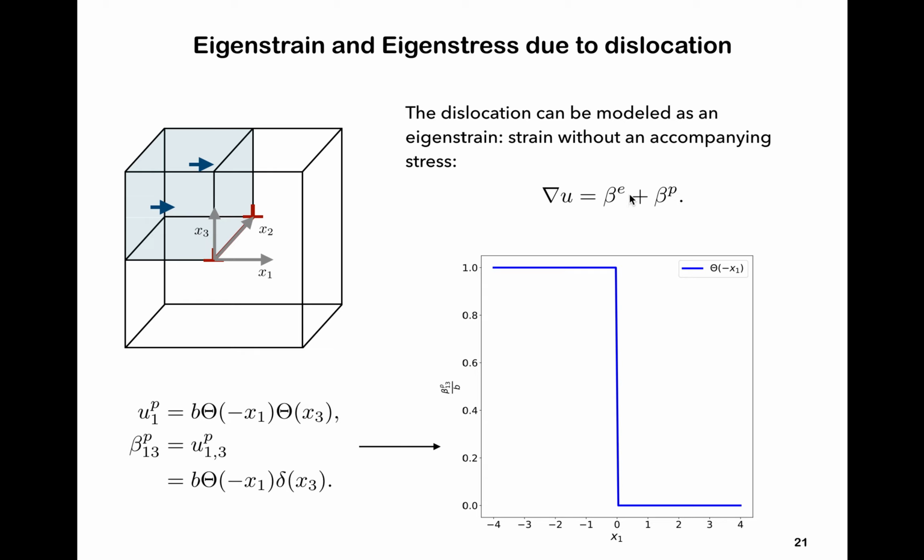Okay, so you can think of this as roughly the displacement gradient, and this as the plastic displacement gradient. The only problem is that each of these individually cannot be written as the gradient of some function, but the sum of these two quantities can be written as the gradient of some function.